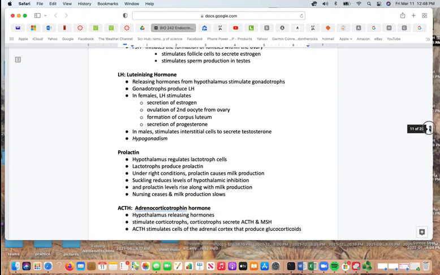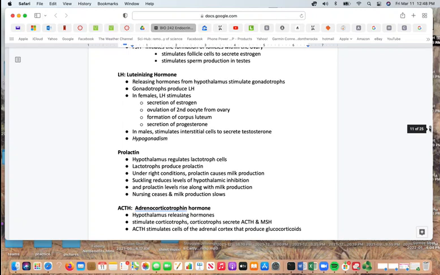Luteinizing hormone. So the releasing hormones come from the hypothalamus, again, to stimulate the gonadotrophs. So troph means it's going to act on another organ, and it's going to act on the gonads. So in females, LH is going to increase the secretion of estrogen.